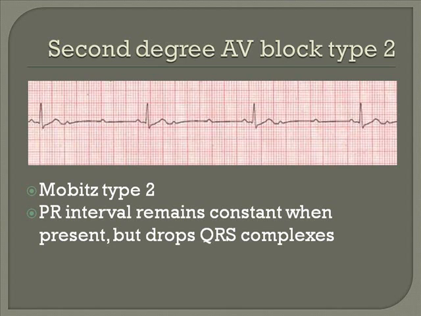That is how we differentiate this from type 2, which has the same PR interval where present, it just happens to be dropping QRS complexes. This person is probably symptomatic with a rate of 40 beats per minute, and again, this is usually a sign of an MI of some sort and requires a pacemaker usually.